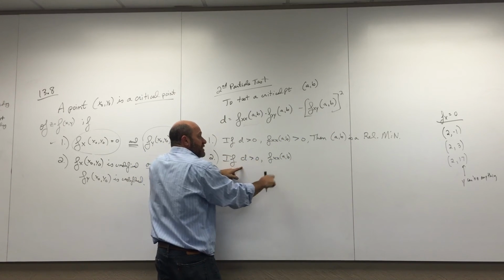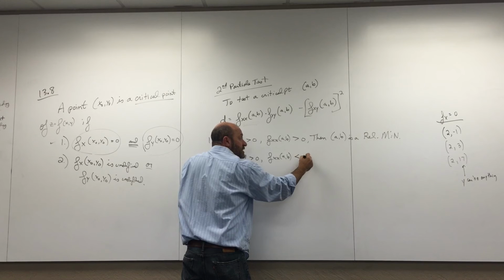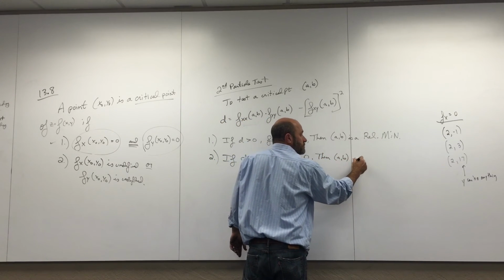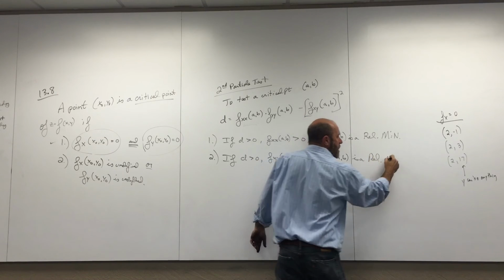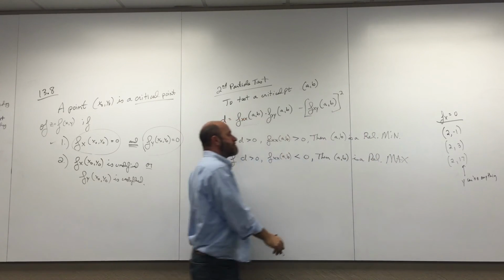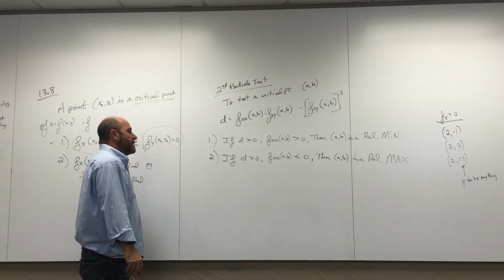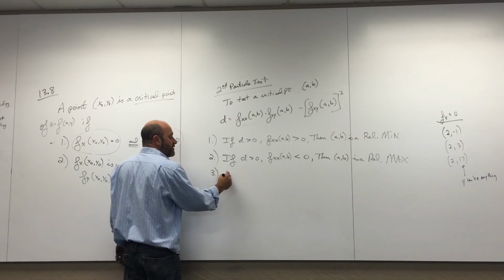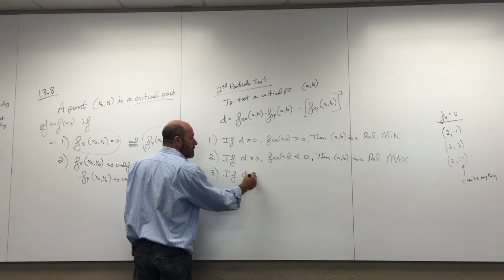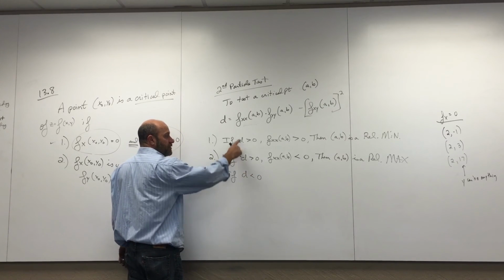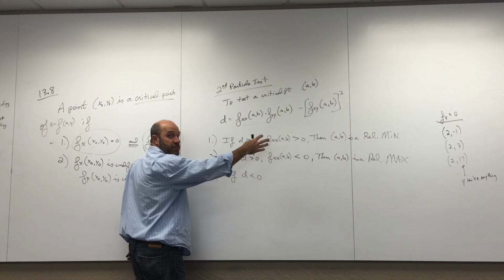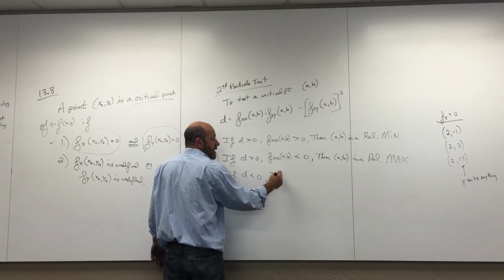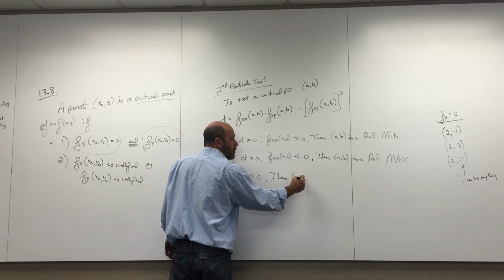If D is greater than 0 and the fxx was less than 0, then it's a max. There's a couple more. If D is less than 0, you don't have to worry about anything else. That point is a saddle point.